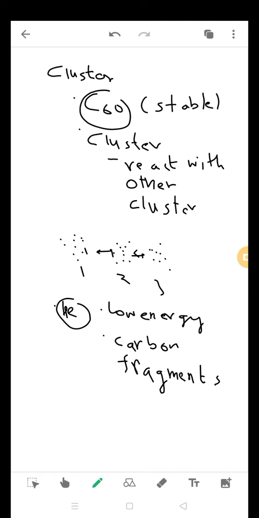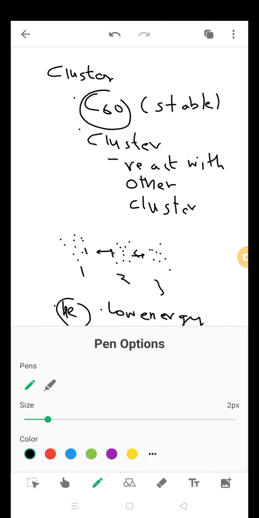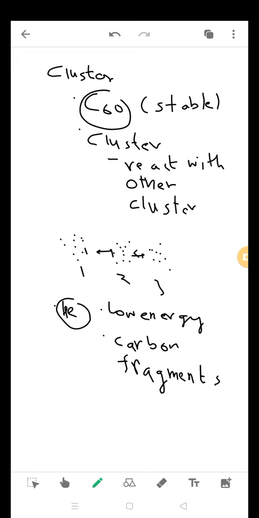Now this C60 molecule is quite stable, so we just look into this C60 molecule formed. As we have told, it is quite stable. It has a high symmetry. I have discussed the C60 molecule in my last class.